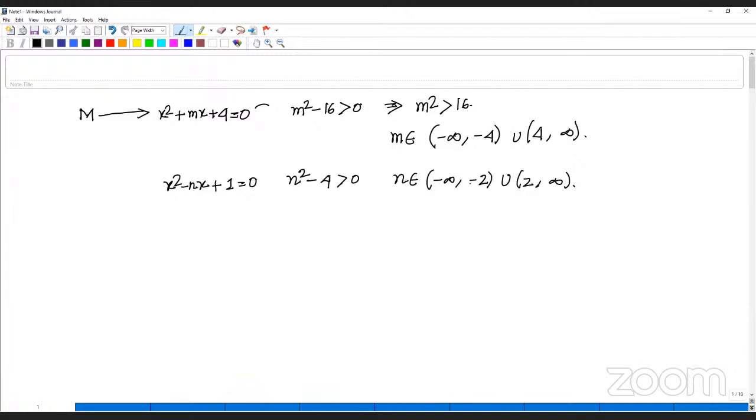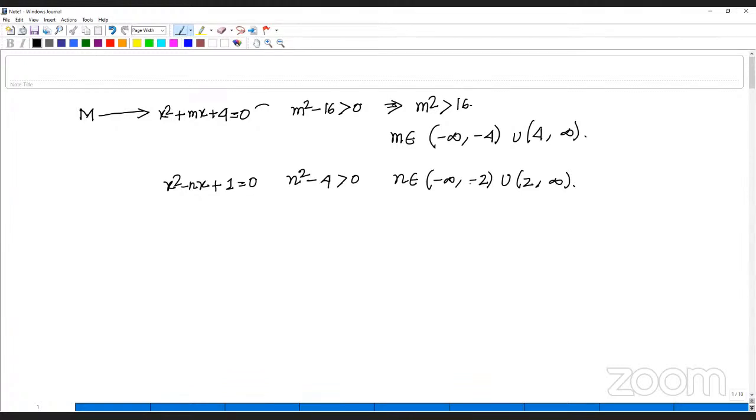So what do you basically have to take? I thought it will be minus infinity to minus 4, because n is from minus 2, and minus 4 is true for m and n, and 4 to infinity is also true for both the equations.